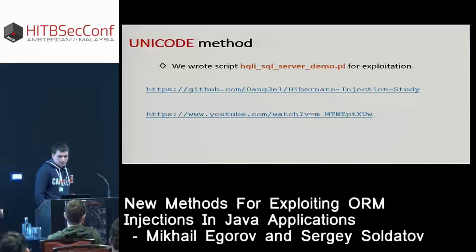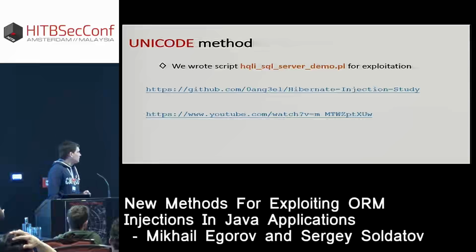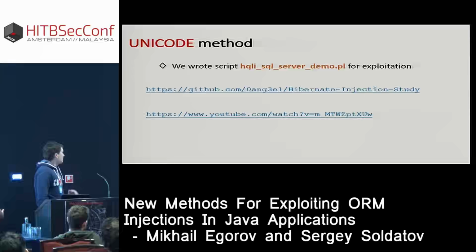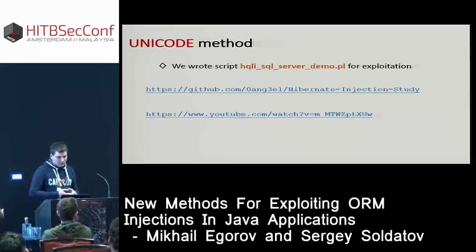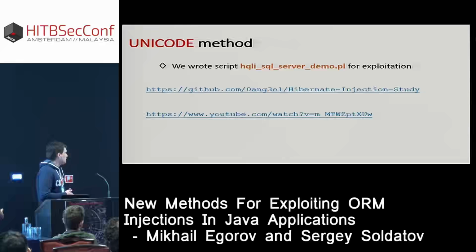Unfortunately, we cannot use sqlmap to exploit HQL injection using this method out of the box. So the first time we wrote a simple Perl script for exploitation, but it has one drawback. It works only against our test application, so if you want to use it, you must tune it.